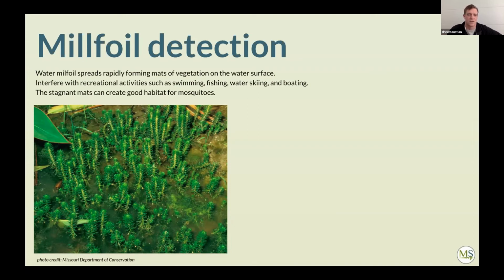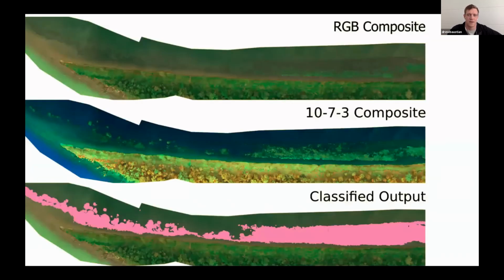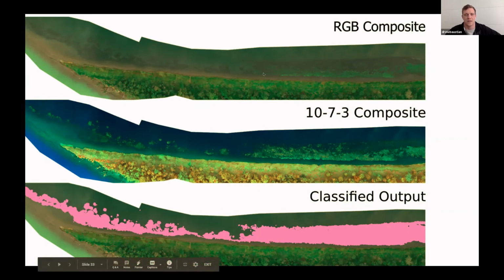So if you're trying to quantify the area that needs to be treated to get rid of the milfoil, we can use multispectral imagery to help with that process as well. This is a data set from the 10-band camera. We're looking at an RGB composite up there, and then we use a custom composite to better understand where the milfoil is occurring.